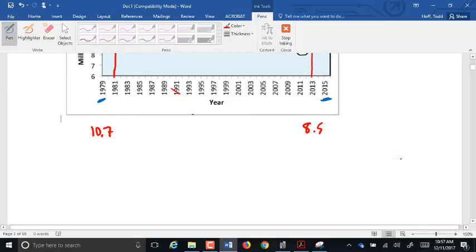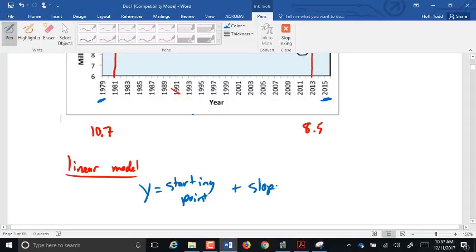So if you remember how to make a model out of that, remember our linear model has two pieces to it. It's y equals, that first piece is the starting point, which is your y-intercept, plus your second piece, the slope, times your x variable.